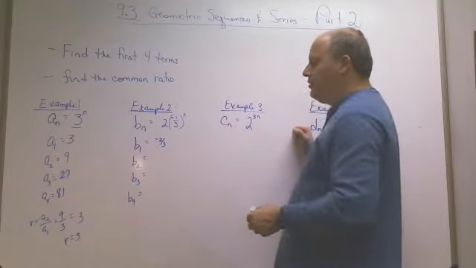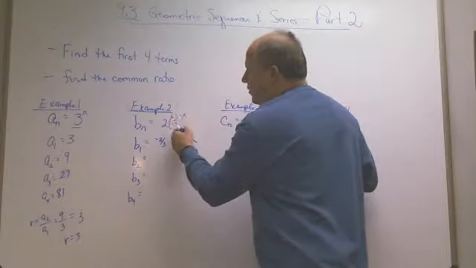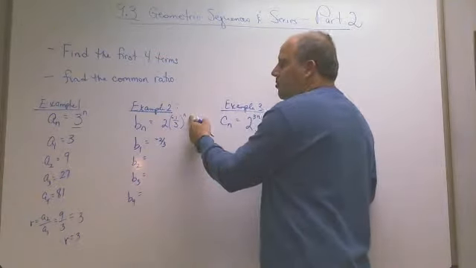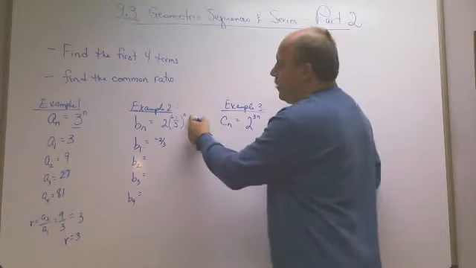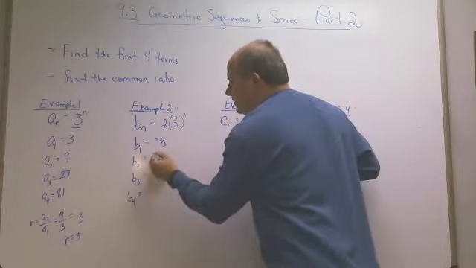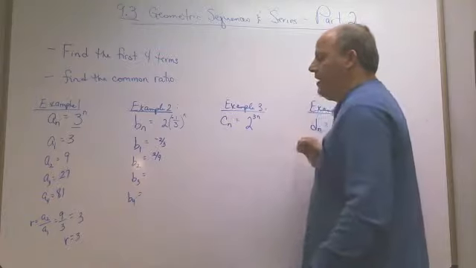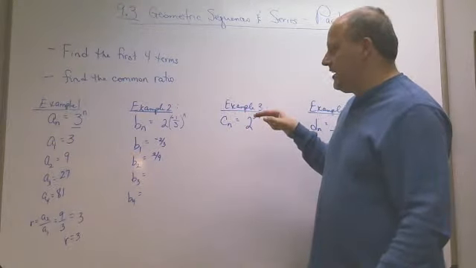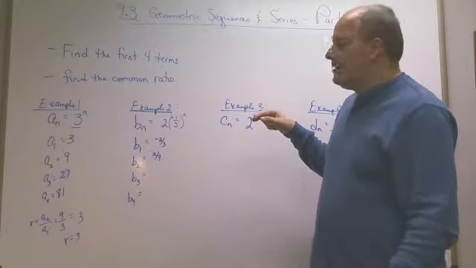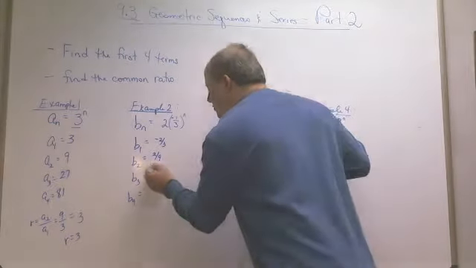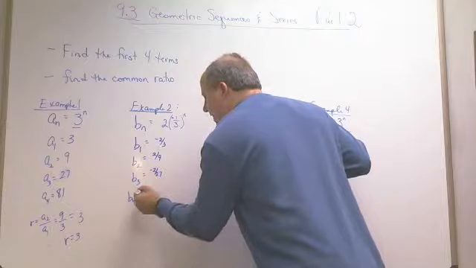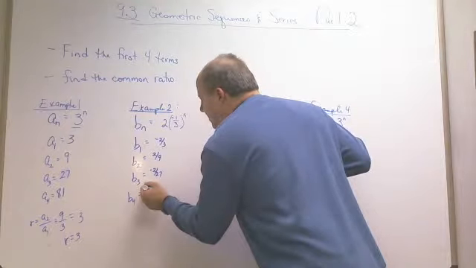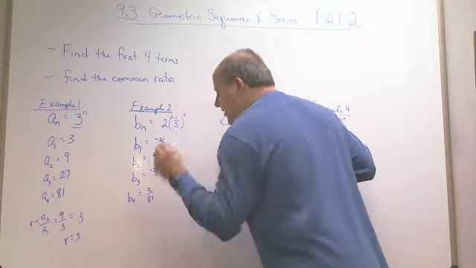Now plug in 2: negative 1/3 to the second is positive 1/9, and 1/9 times 2 is 2/9. Then plug in 3: negative 1/3 to the third is negative 1/27, times 2 is negative 2/27. And I think the next one is going to be a positive 2 over 81 if you do the math.